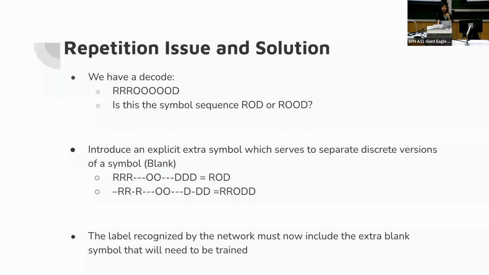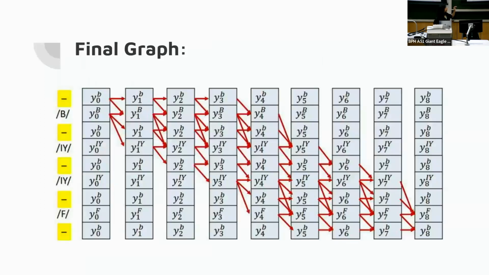So now your new graph will look like this, wherein you will have these empty symbols. This can be anything depending on your use case. In case you have dash as part of your input vocabulary, you will use any other empty symbol. It's just some imaginary symbol that is not part of your vocabulary.